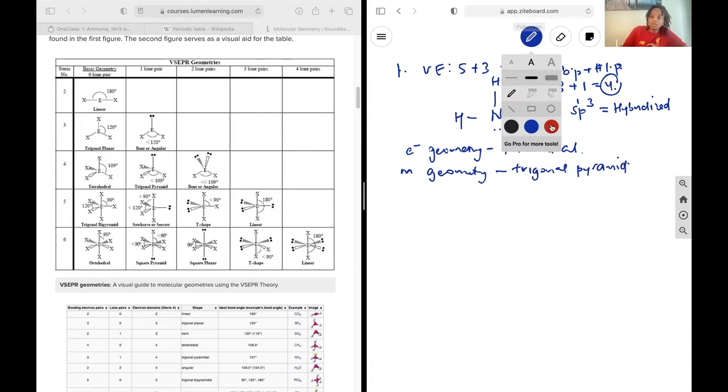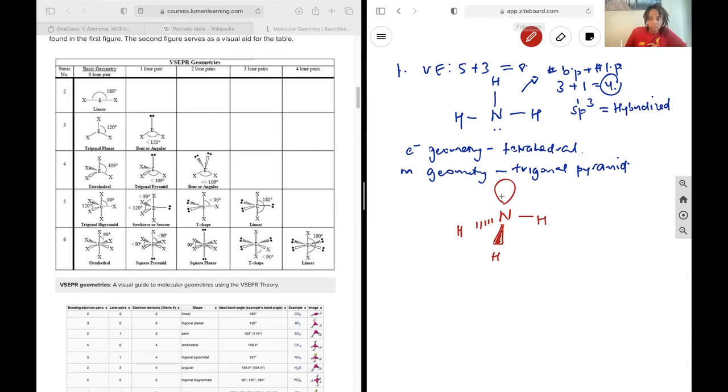If we draw that out, we will have N, 1 hydrogen slightly behind, 1 hydrogen slightly in front, 1 in plane. And then we're going to have the lone pair in plane but above, because that's the best place to put it.